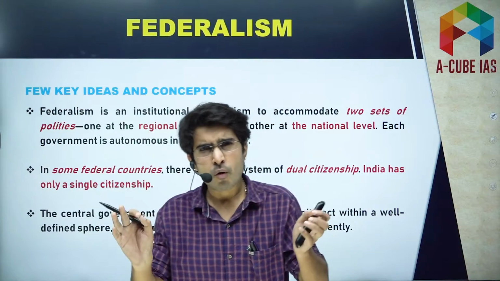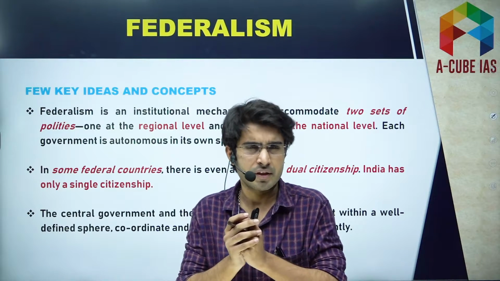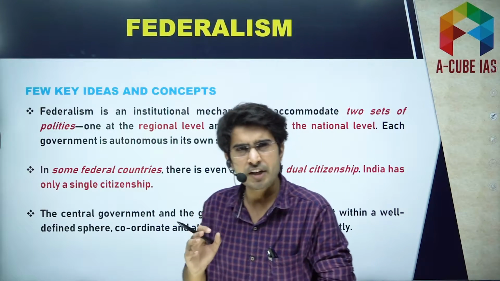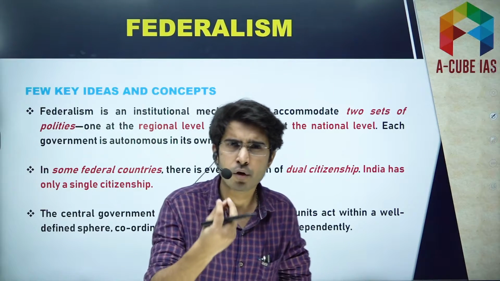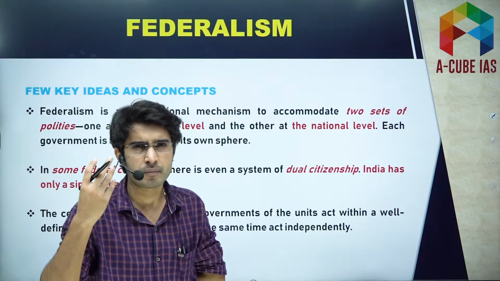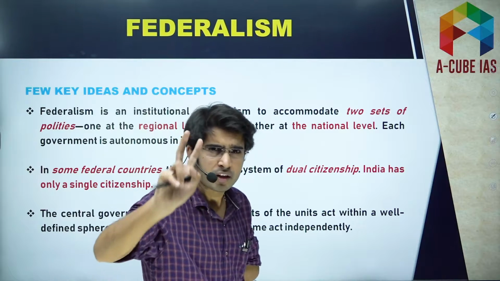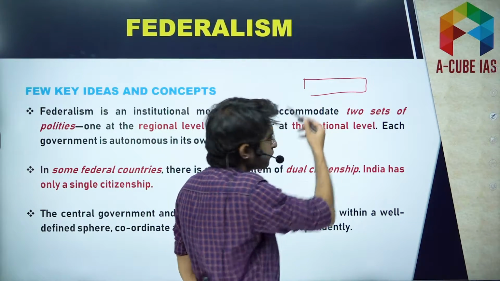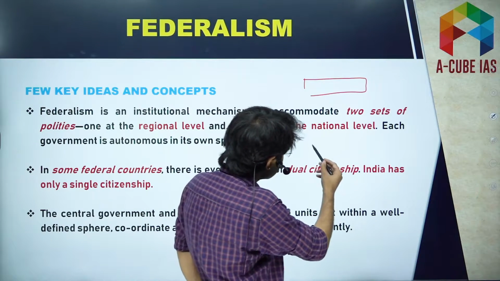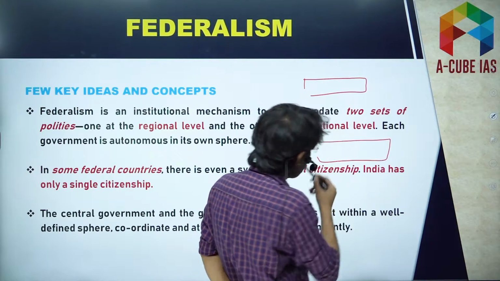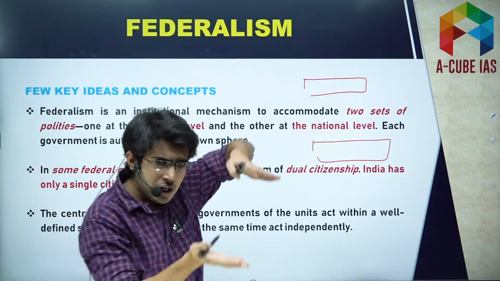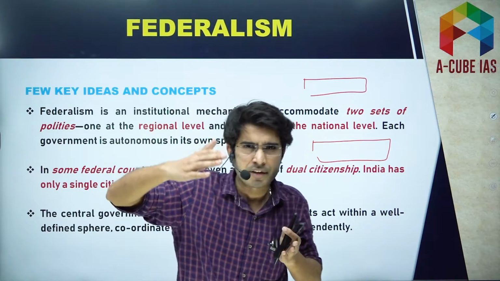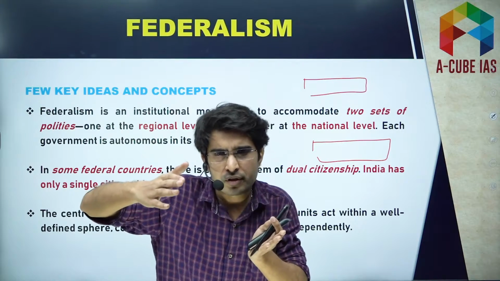So let's try to know what this federalism is. Federalism is an institutional mechanism under which we have two sets of polities. There are two political systems: one political system at the national level, another political system at the regional level. These two polities are independent, they are autonomous.